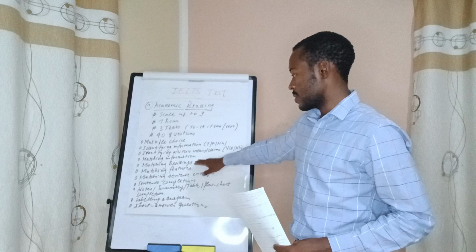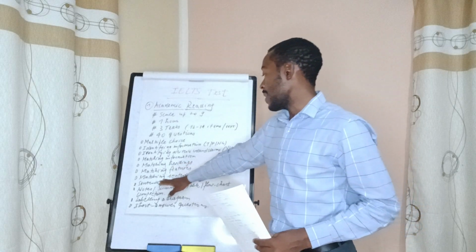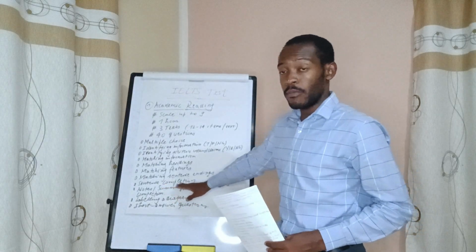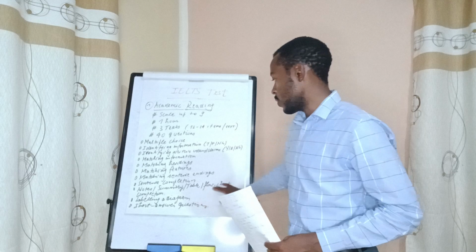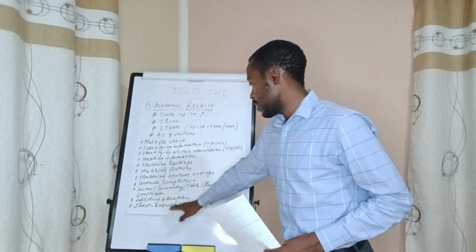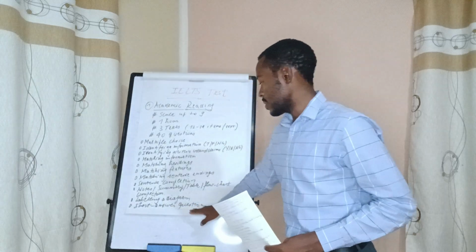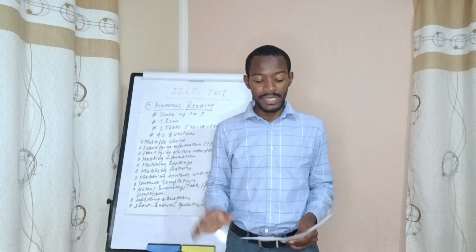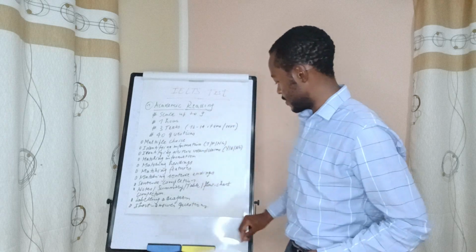Matching information, matching headings, matching features, matching sentence endings, sentence completion, note, summary, table, flowchart completion, labeling a diagram, and short answer questions. All right, this is the first part of the test, which is the academic reading.